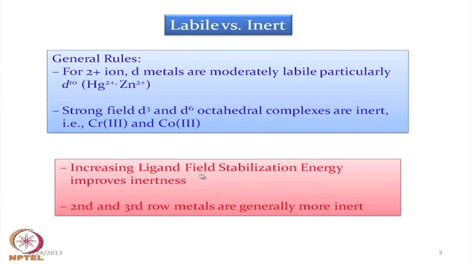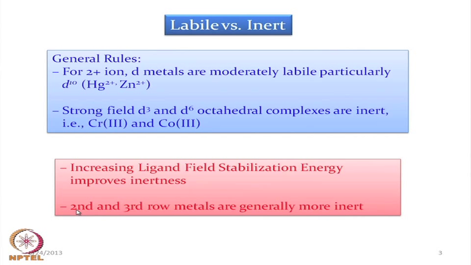So, increasing the LFSE values improves the inertness. For these d3 and d6 octahedral complexes, the LFSE values are pretty high, which is why they have the corresponding inertness. And compared to the first row transition metal ions, the second row and third row transition metals are generally more inert, because the ligand field splitting is more.